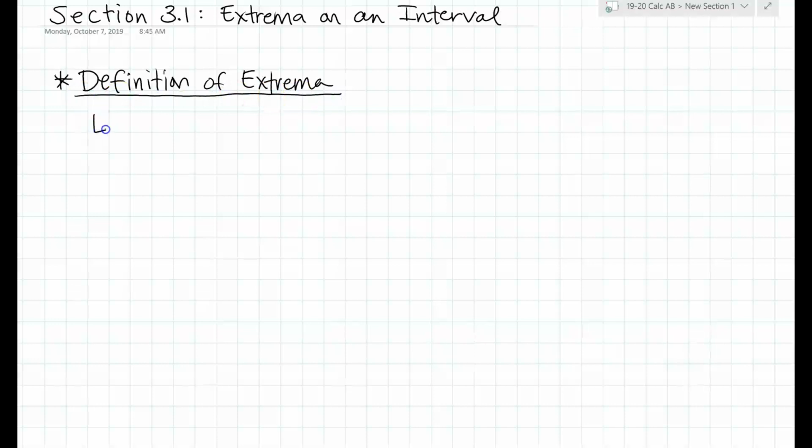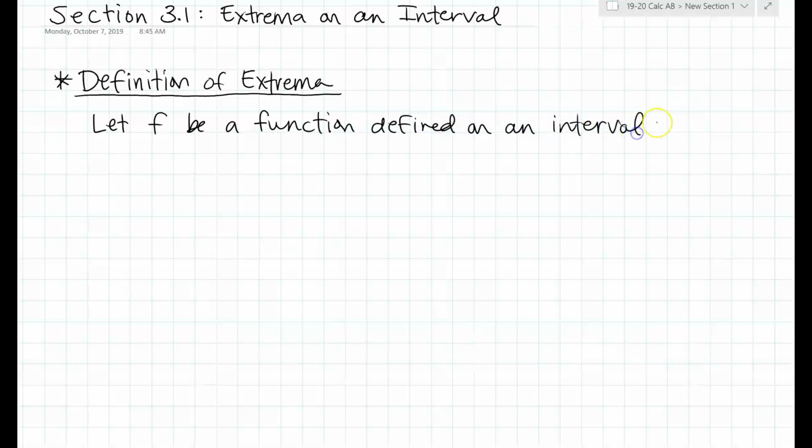It says let f be a function defined on an interval. That interval is going to be called I, which contains C. Okay, and there's two parts to this.